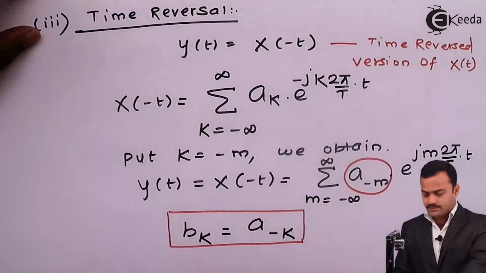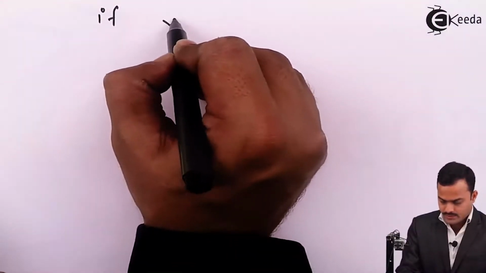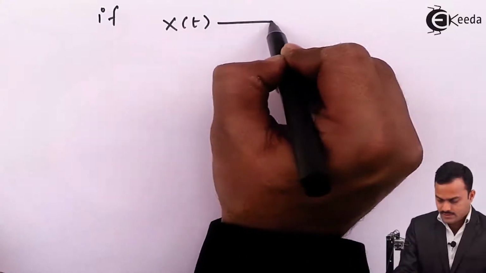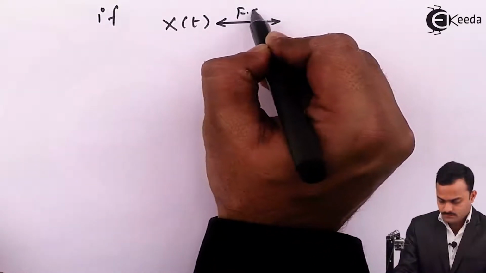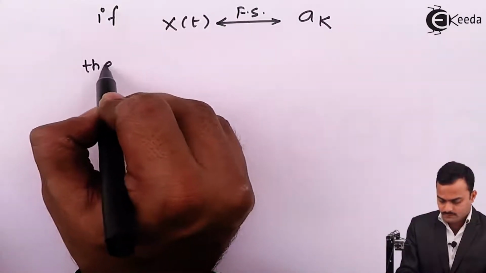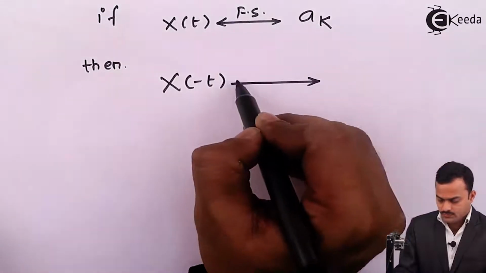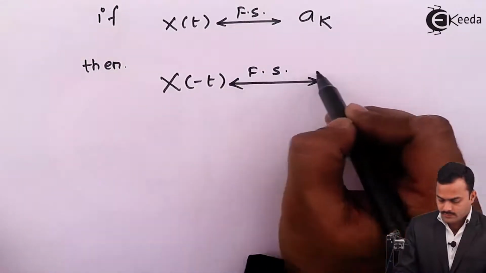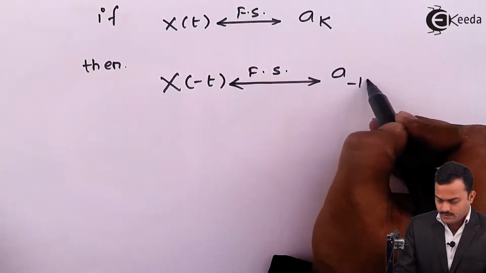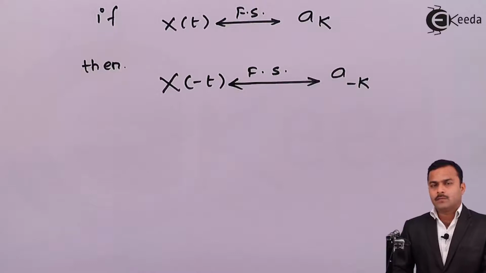So let's club these two into one statement: if x of t through Fourier series gives a_k as the Fourier series coefficient, then x of minus t through Fourier series will give a minus k. This is nothing but the property which we call time reversal.